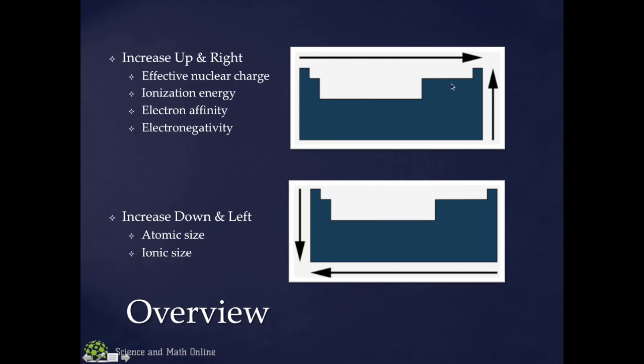Fluorine is both up and to the right, so it is definitely higher for effective nuclear charge, ionization energy, all 4 of those. The only ones that go down and left are the 2 size ones, atomic size and ionic size. And then just remember with ionic size, positive ions lose electrons, therefore they get smaller because they lost something. Negative ions gain electrons, therefore they get bigger. And that is the general gist of doing these.